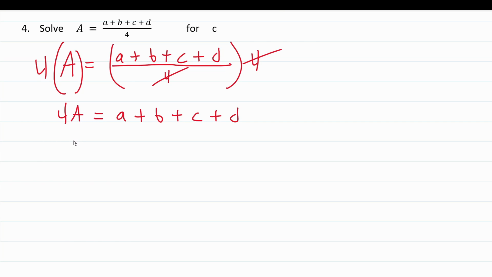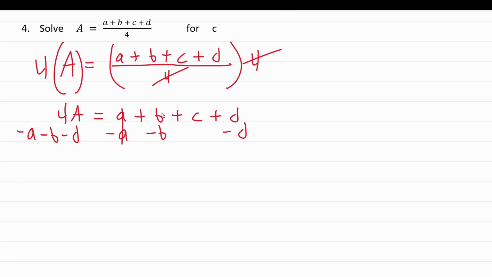All right, we're solving for c now, and you can either move a, b, and d to the left all at once, or you could do it one by one. It's really up to you. I'm going to do it all at once, so I'm going to subtract a from this side, b from this side, and d from this side, and we're going to subtract that from both sides, so minus a minus b minus d.